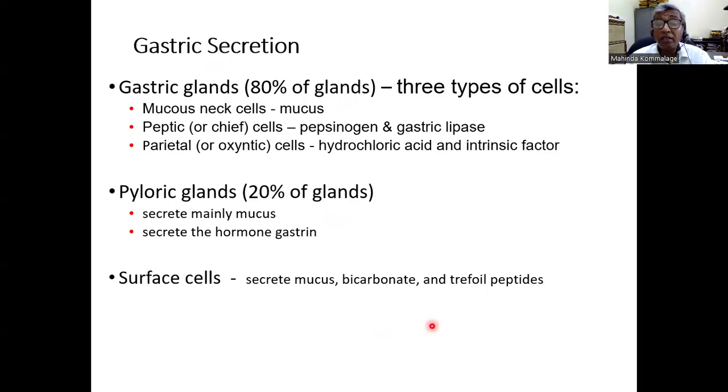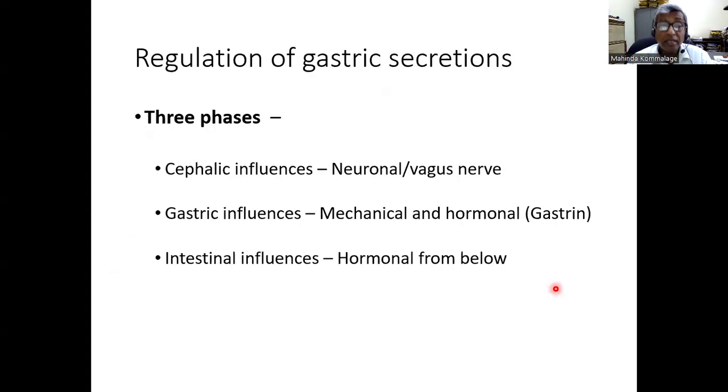They secrete mucus, bicarbonate and trefoil peptide, these three important things that produce the protective barrier that protects the inner cell layer of the stomach, because acid might damage it. So the surface cells produce mucus, bicarbonate and trefoil peptide, and produce a mucosal layer inside the stomach, which prevents acid contacting the mucosal cells. If the acid comes into contact with the cells, it might damage them, right?